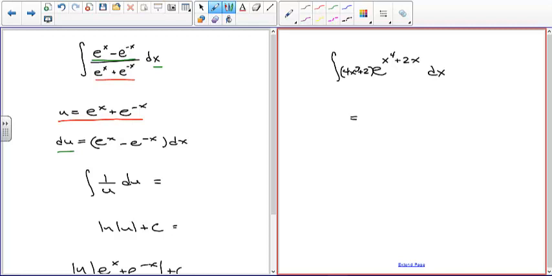So what's the integral of 4x cubed plus 2 times e to the x to the fourth plus 2x dx? In this case, the argument is something other than just e to the x or e to the minus x. So you're going to choose this to be u.